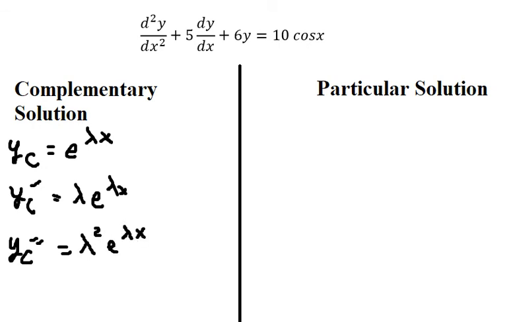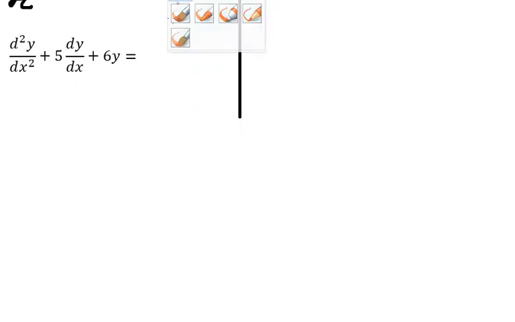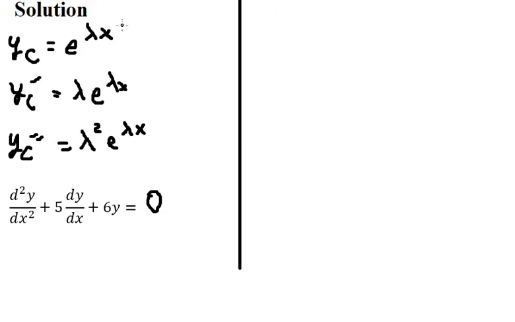And now we go to the second derivative of this one, and we have lambda squared e to the power of lambda s. Because this is about the complementary solution, this one in here equals 0. So this one I will put in here, this one in here, and the last one will go in here.